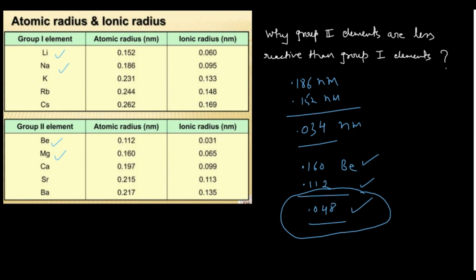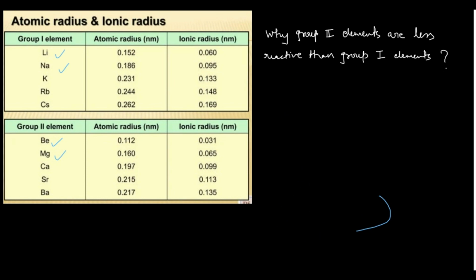And then what I have written here: why are group 2 elements less reactive than the group 1 elements? This is due to the smaller size. As we move across the period, the reactivity decreases, which you should know. Lithium is 3, beryllium is 4, so beryllium is smaller, and sodium is 0.186 nanometer and magnesium is 0.160 nanometer.